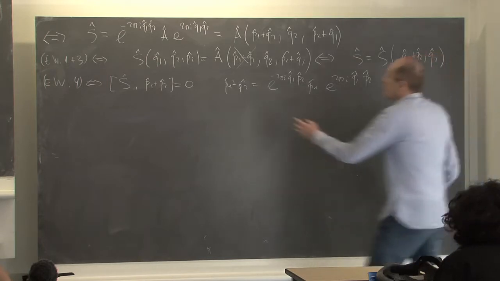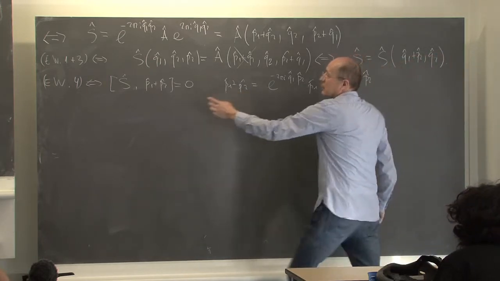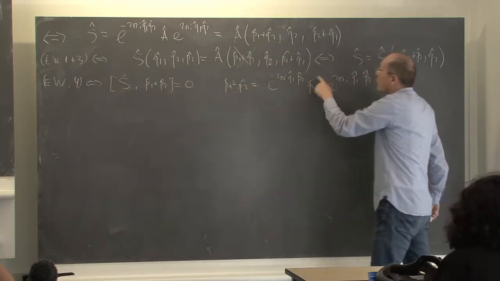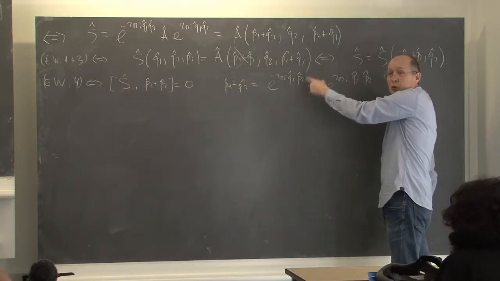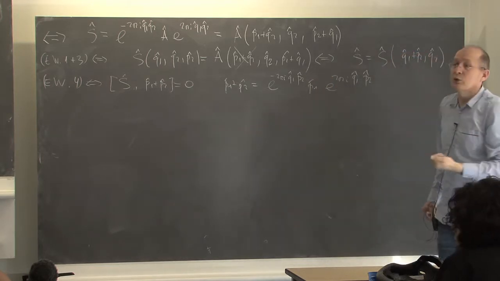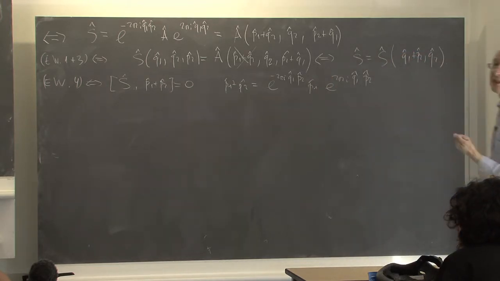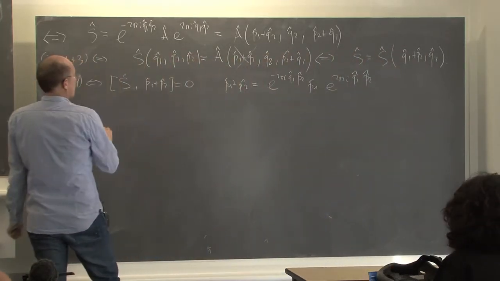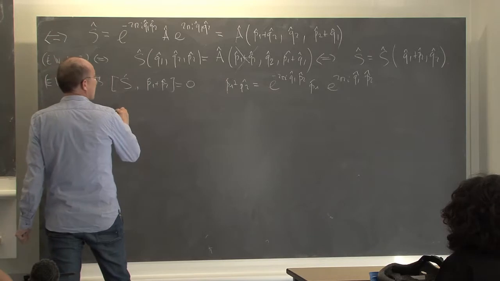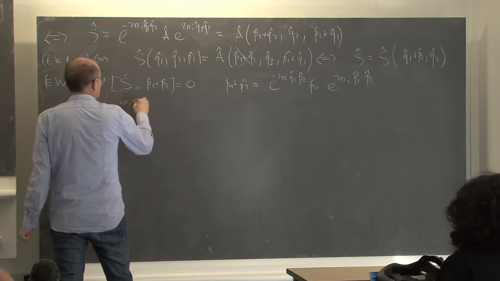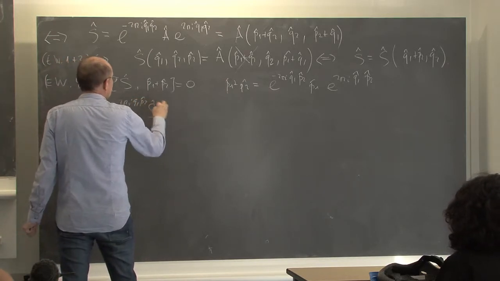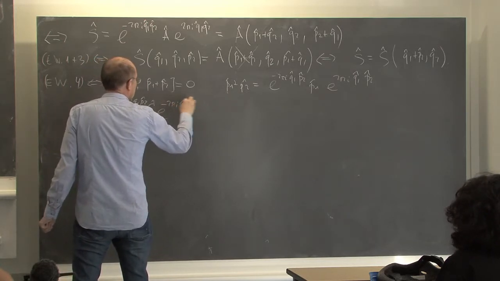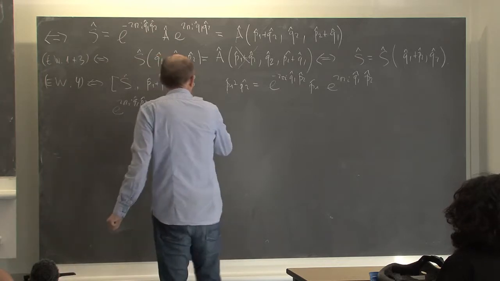I'm bringing, by unitary transformation, the operator with which our operator commutes to one of the operators P1 or Q1 in order to apply subsequently lemma 7.1. So we do this, which means that E2 pi I Q1 P2 S hat E minus 2 pi I Q1 P2 commutes with P1.